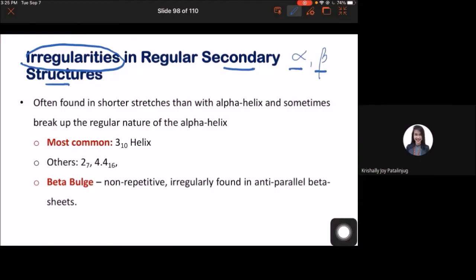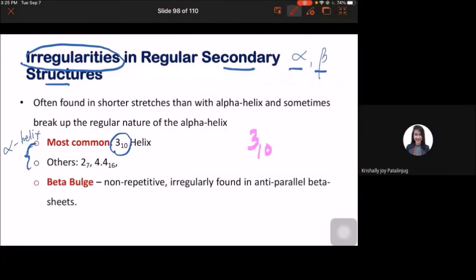Okay? So halimbawa, we have the most common, first two bullets. Yung first two bullets, common ni siya na irregularities among alpha helices. Alpha helix. The most common one is 3:10 irregularities. Yung ibig sabihin ng 3:10, 3:10 helix structure.